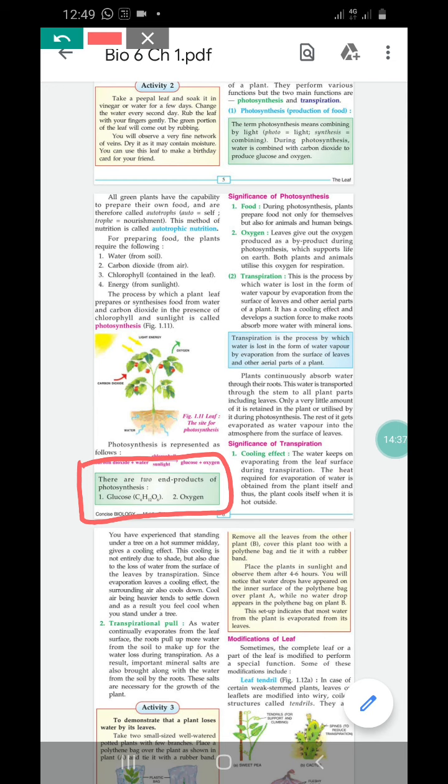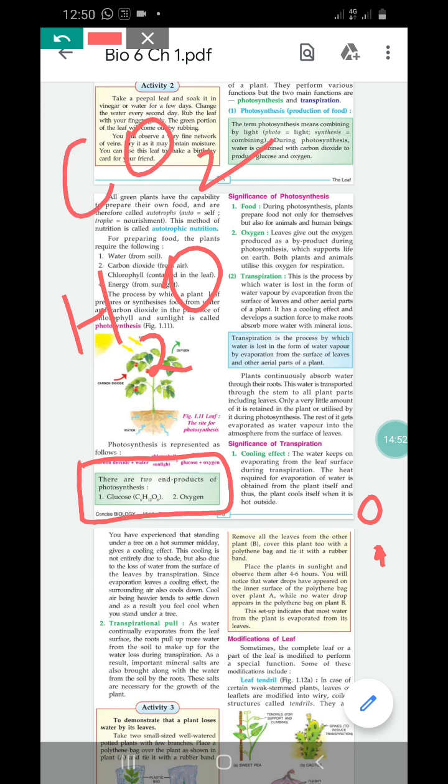The chemical formula of oxygen is O2. The chemical formula of water is H2O. The chemical formula of carbon dioxide is CO2. So all this, CO2, H2O, C6H12O6, you need to remember.